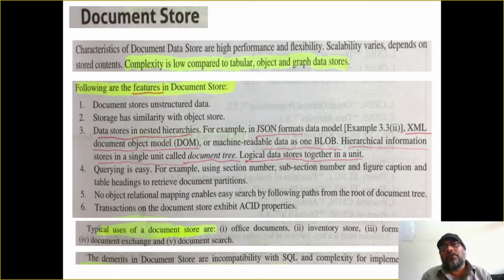Logical data is stored together in a unit. Querying is easy, for example using section number, subsection number, figure caption and table heading to retrieve document partitions. No object relational mapping enables easy search by following paths from the root of the document tree.